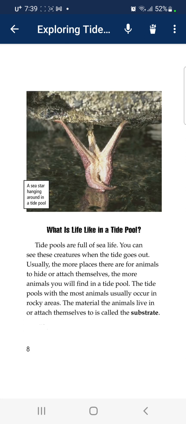What is life like in a tide pool? Tide pools are full of sea life. You can see these creatures when the tide goes out. Usually, the more places there are for animals to hide or attach themselves, the more animals you will find in the tide pool.